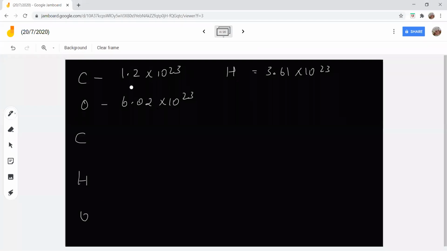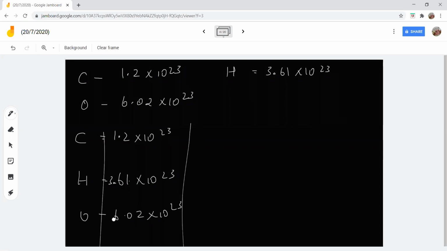They have given you number of carbon atoms, which is 1.2 into 10 power 23, 3.61 into 10 power 23, and 6.02 into 10 power 23. This is what they have given, right? Now I'm just going to simplify. I need the ratio between the number of moles. Then only I'll get the empirical formula. So if they have given you number of atoms, how will you get the number of moles?